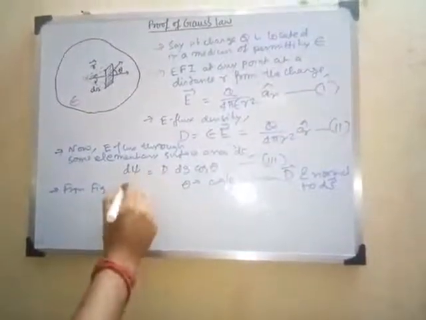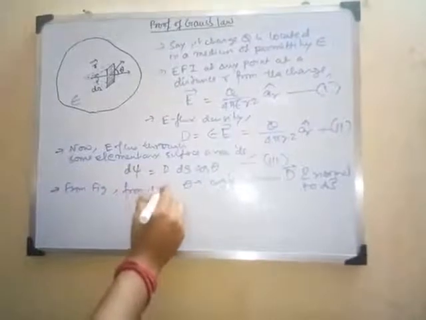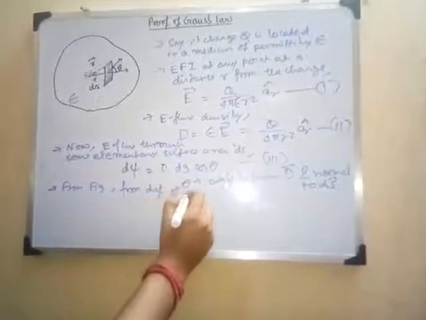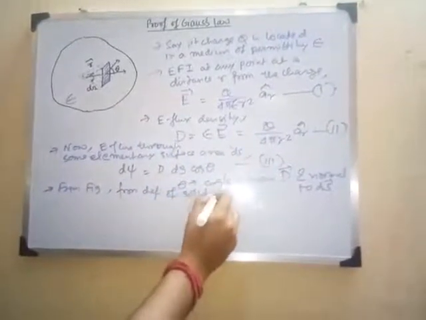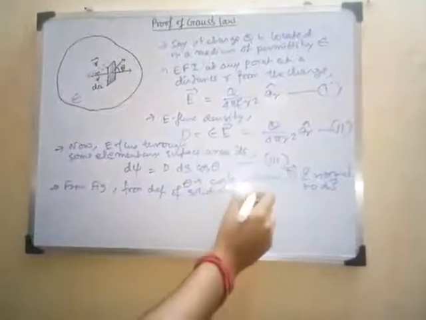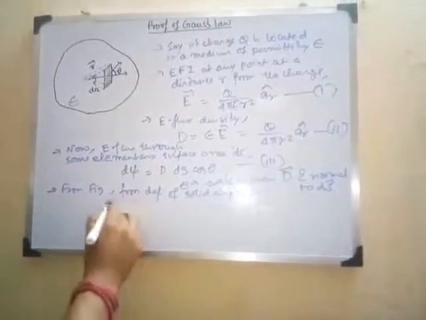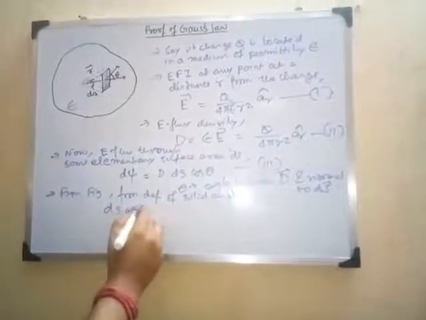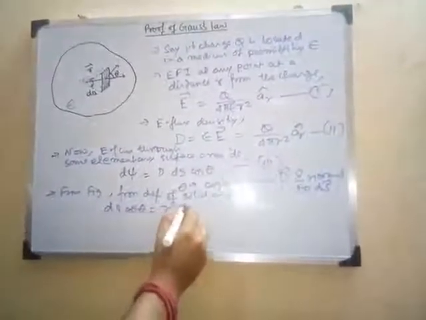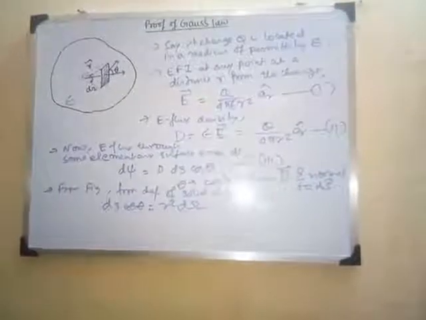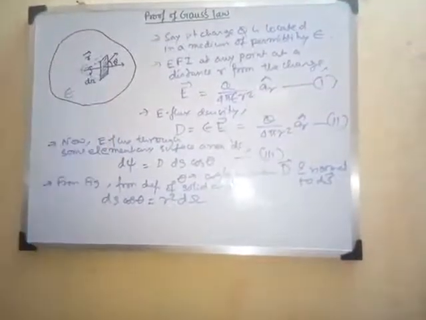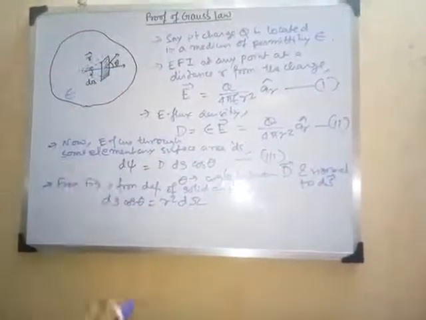So from figure 1 and from the definition of solid angle, I hope you remember the concept of solid angle, here we will have dS cos theta equal to r square d omega, right? So d omega is the solid angle, the angle extended by this 3D angle.